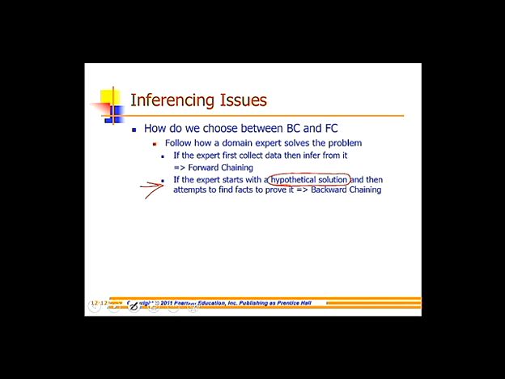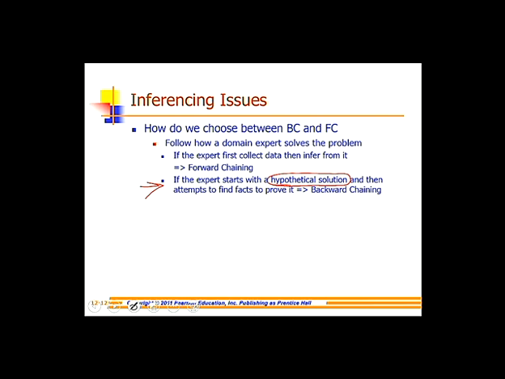So this is more like troubleshooting. Mostly the troubleshooting kind of problems are more appropriate for backward chaining, in which we start with certain hypothetical solution, that you may have this, and this problem which have these solutions, and then we try to rule out the possibilities to arrive at a conclusion, right?